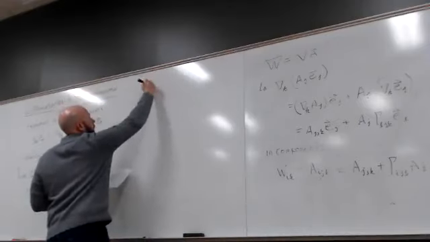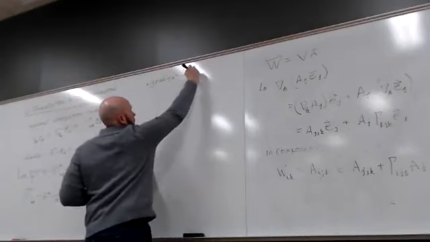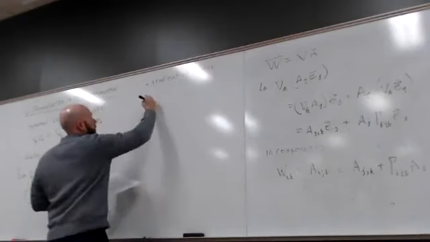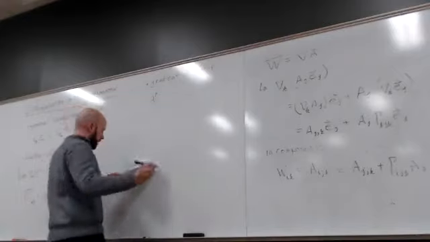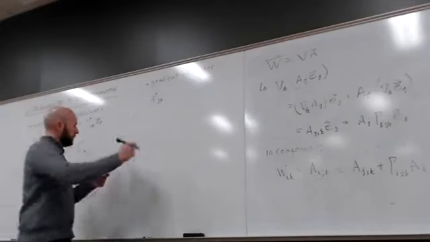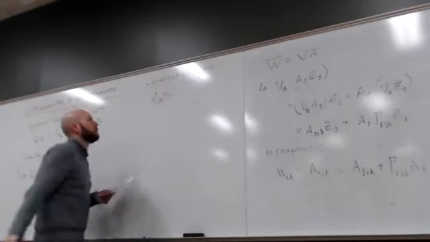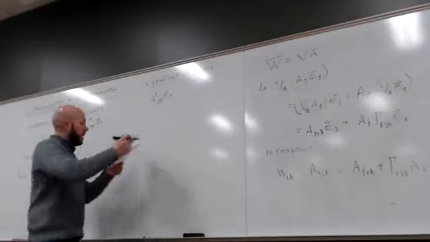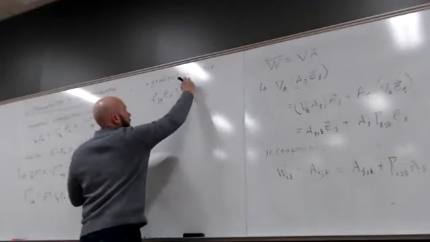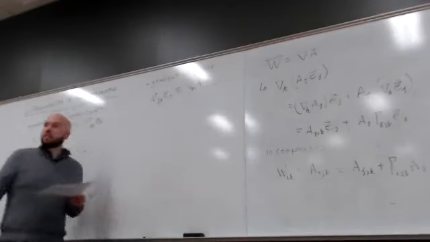The gradient of a vector in general, A with contravariant components A^mu, full gradient along beta. This is defined as the gradient along beta of the vector, right?